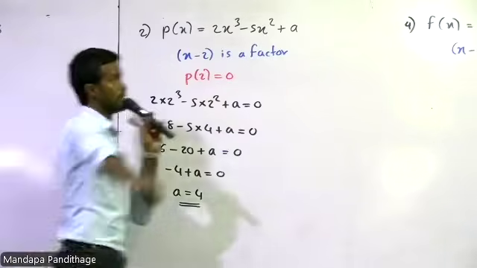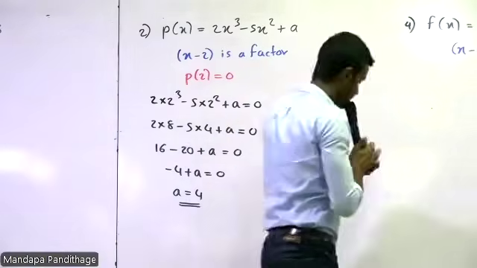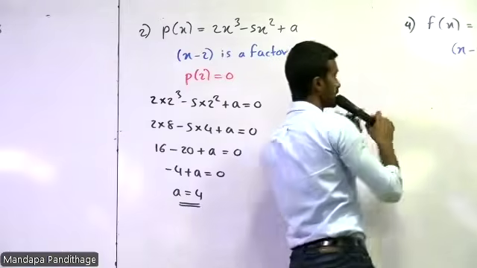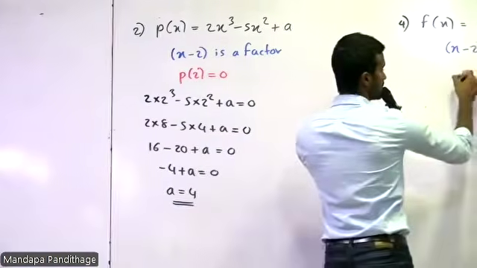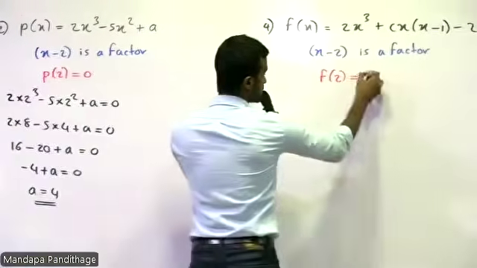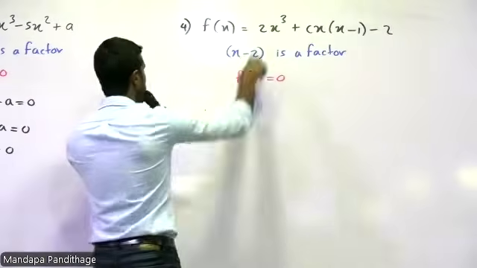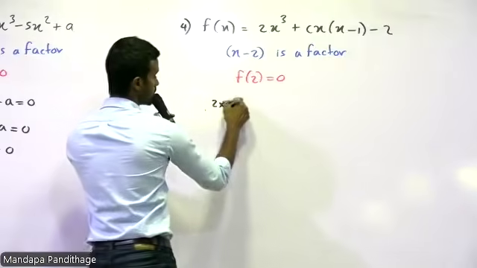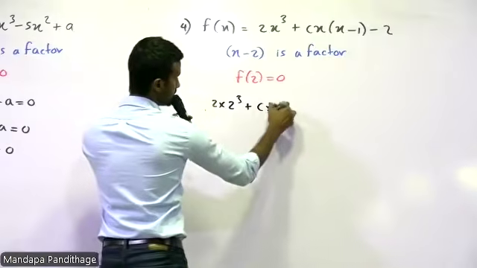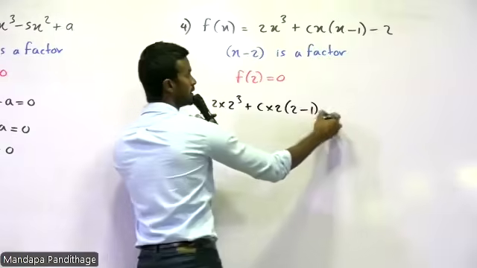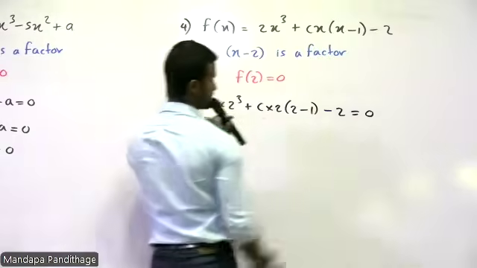Good. Okay, this one, same thing, x minus 2 is a factor. So f(2) is equal to 0 from the factor theorem. Then substitute x equals 2: 2c into 2 minus 1, a minus 2, this is equal to 0.